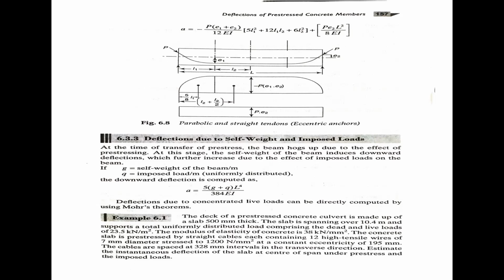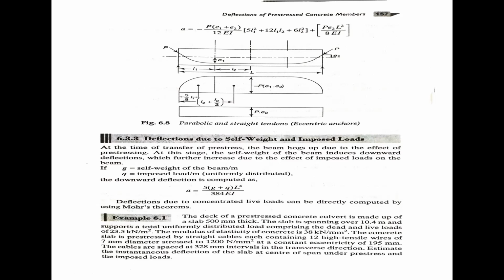Example problem 6.1. The deck of a prestressed concrete culvert is made up of a slab of 500 mm thick. The slab is spanning over 10.4 meters and supports a total uniformly distributed load comprising the dead and live loads of 23.5 kilonewton per meter square. The modulus of elasticity of concrete is 38 kilonewton per mm square.